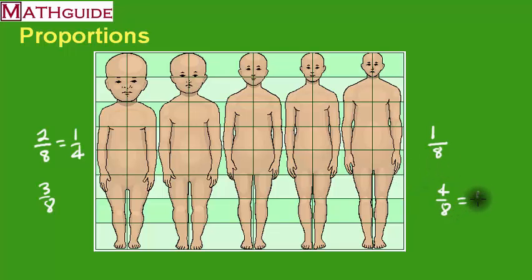That reduces to a half if you divide the top and bottom by 4. So half of an adult body is leg. However, it's only 3/8 of the body of a baby is leg. So there's a different proportionality. And the legs kind of grow longer as you get older. Okay, so this does a great job of showing you why kids look different than adults.